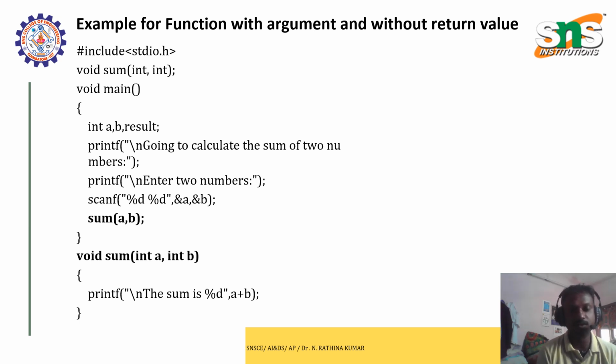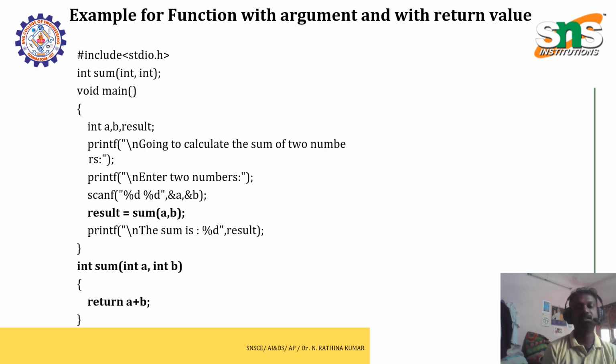The result is then displayed there. We cannot return any value to the main function. The sum function doesn't return any value, but it has arguments, a and b. That is why it is called with argument and without return value.